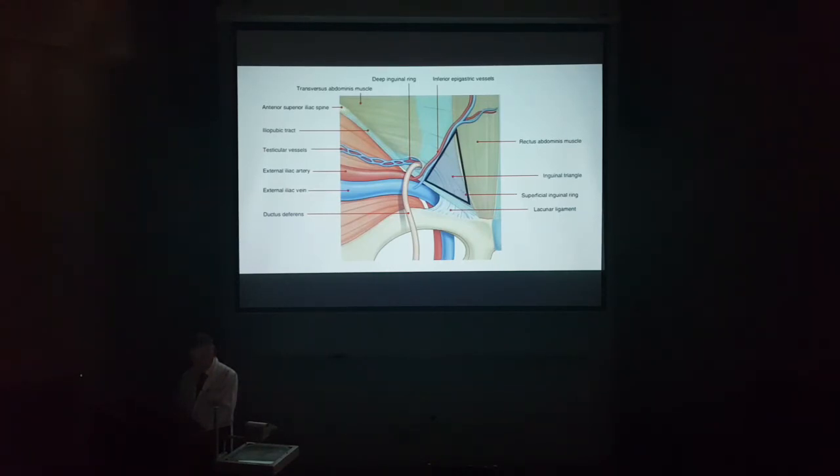It is called Hesselbach triangle. And then you have the inferior epigastric artery and vein. And this is the internal opening of the inguinal canal. This is the vas deferens, and these are the testicular artery and veins.